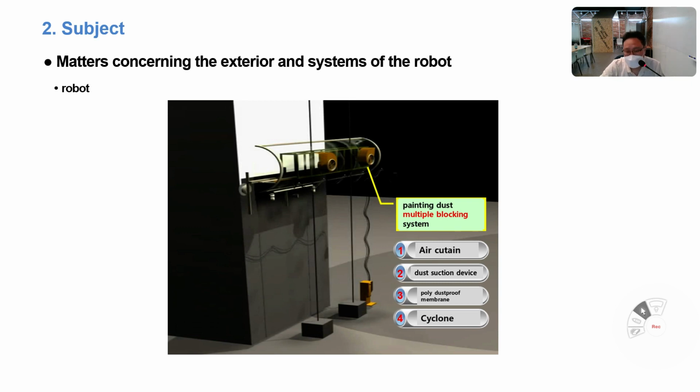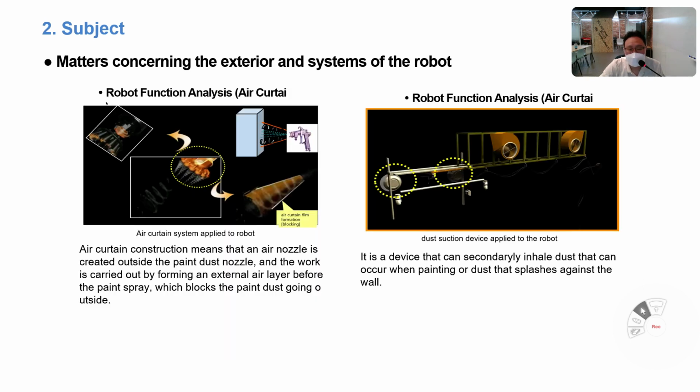Multiple blocking system, air curtain, dust suction device, and cyclone. Air curtain function and analysis, the robot function and analysis system, dust suction device applied to the robot. Air curtain construction means that an air nozzle is created outside the painting nozzle, and the work is carried out by forming an external air layer before the paint spray, which blocks the painting dust going outside.